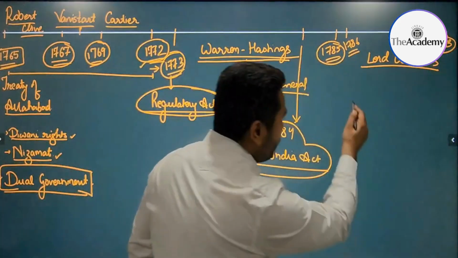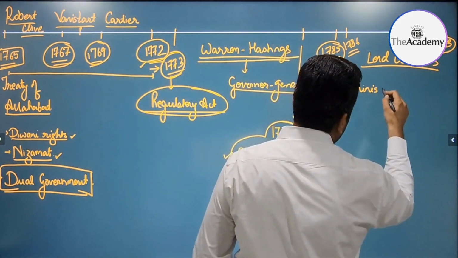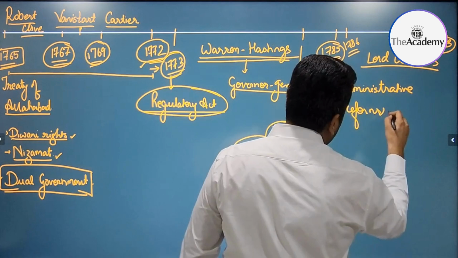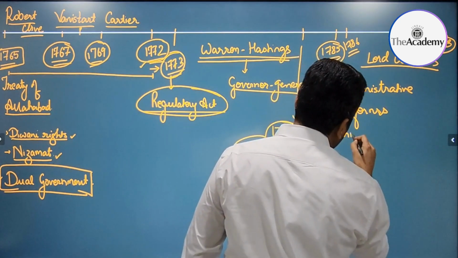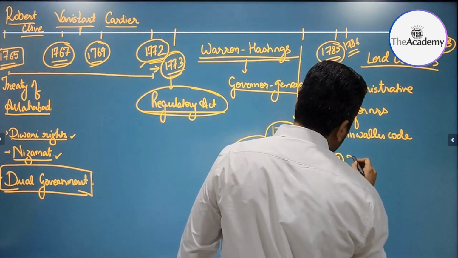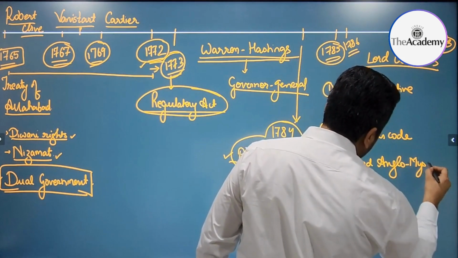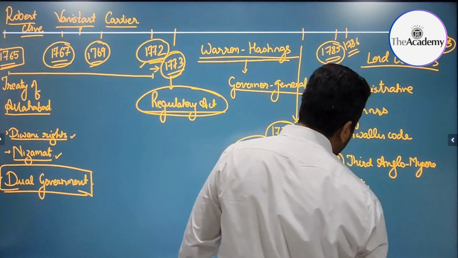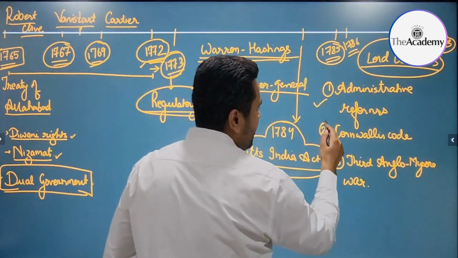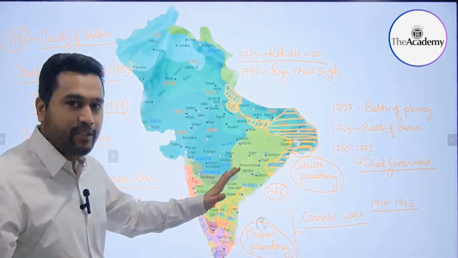So during the time period of Lord Cornwallis, we see there were administrative reforms, there was the judicial reform, the Cornwallis Code, there was the Third Anglo-Mysore War, but overall we see that Cornwallis emphasized more upon administrative as well as judicial reforms rather than pursuing any major policy of expansionism.